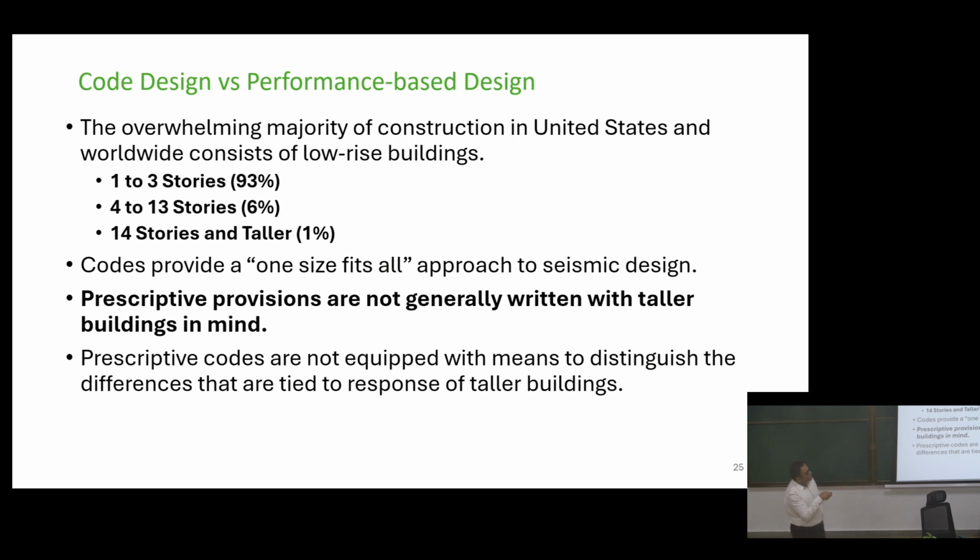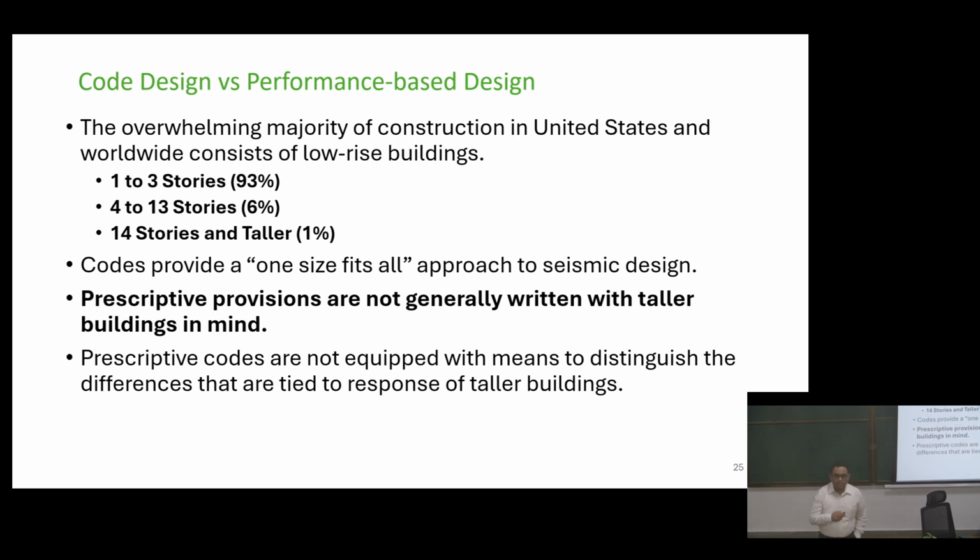But we know from research that a 14-story building behaves much differently under a high-speed wind event, like a tornado or a hurricane, or an earthquake, compared to 4 to 13 stories or 1 to 3 stories. There are higher mode effects, there is higher dynamic amplification as you go along. So the one-size-fits-all approach might not work for all these 3 building typologies.